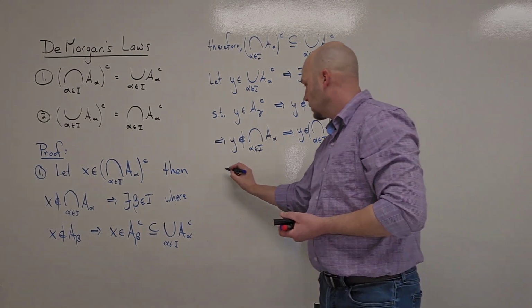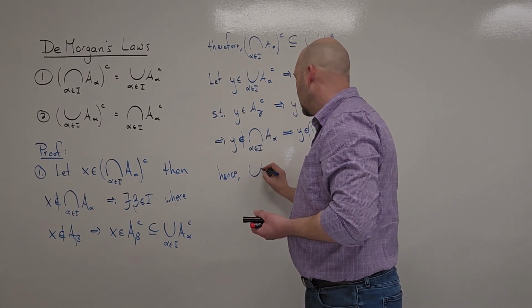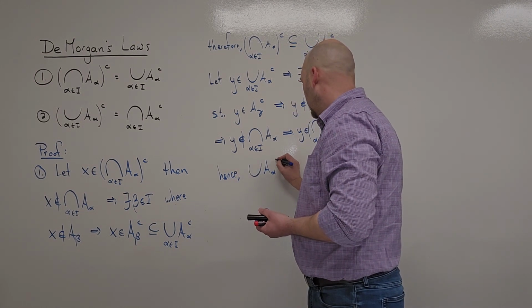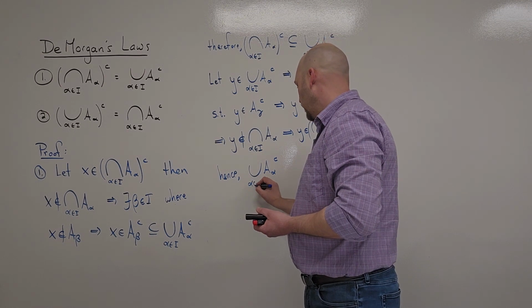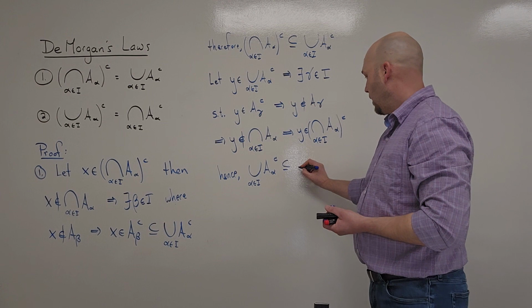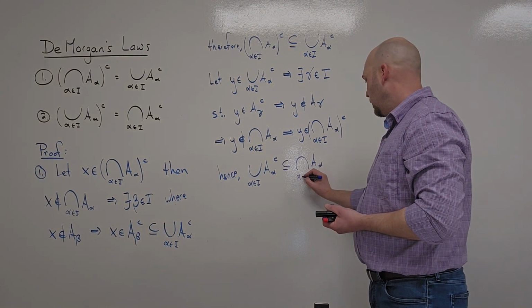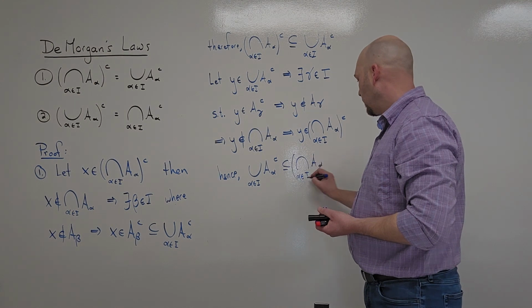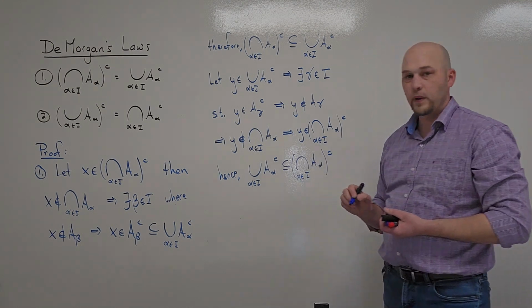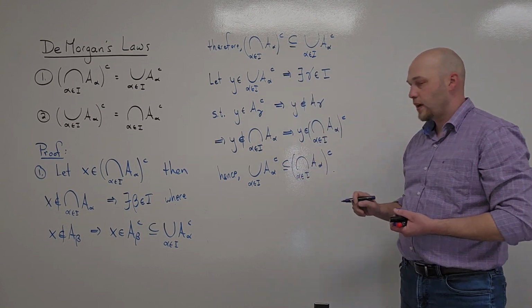And hence, the union of A alpha complement, where alpha ranges over all the index values, is a subset of the complement of the intersection of all the sets A alpha. And since I've got both of these containments, they are equal.